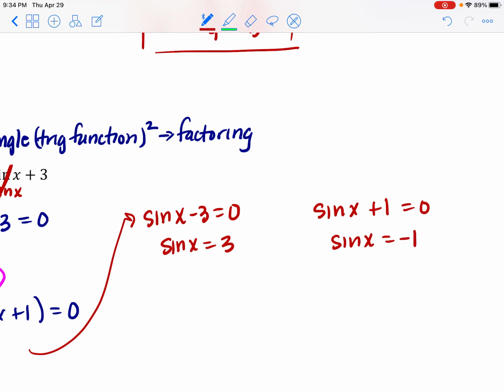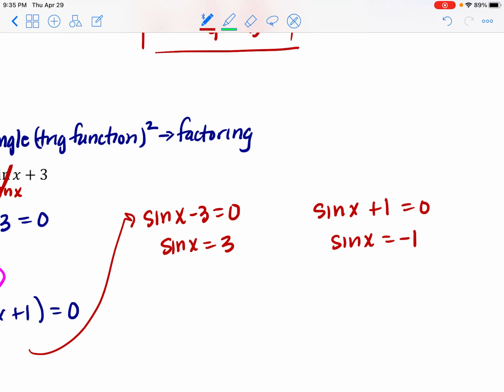Well, the sine of an angle can't equal 3. Remember our sine curve, and think about the unit circle too. The sine curve starts at 0, goes up, comes down, hits 0 again at the end. But what's the max? The max it can be is positive 1. The min it can be is negative 1. So finding the sine of an angle being 3, it's just not going to happen. The maximum value for sine is 1.